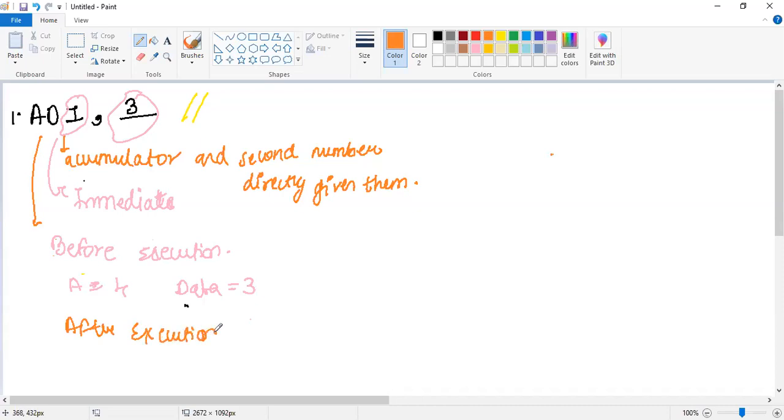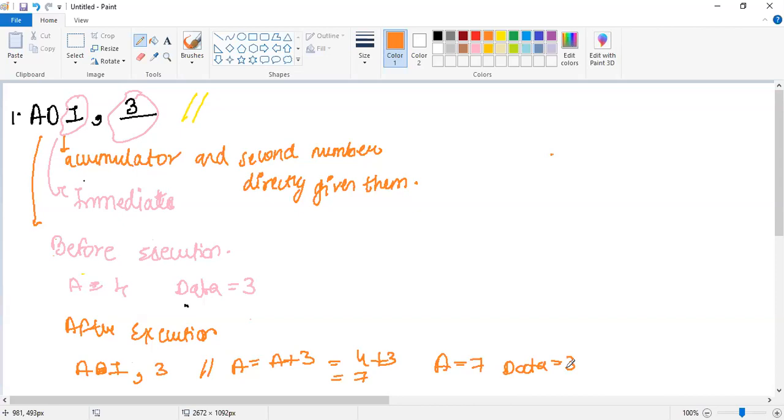As we wrote, ADI means A equal to A plus 3, which is 4 plus 3 equals 7. So after execution your A becomes 7 and your data is the same. There is no change in your data.